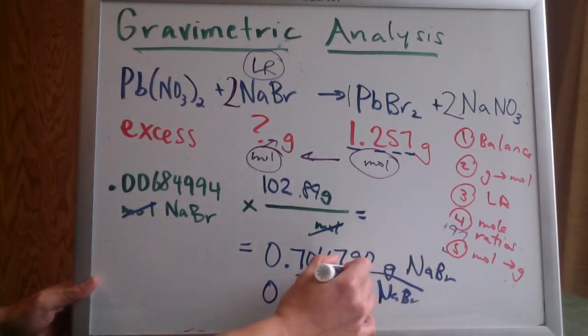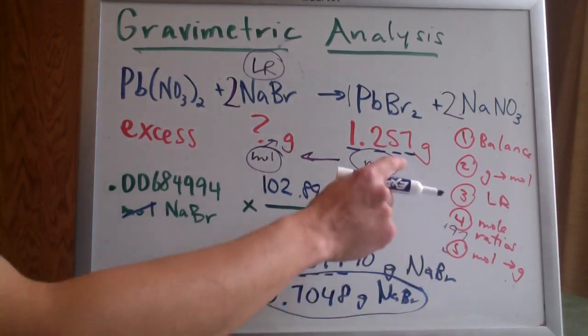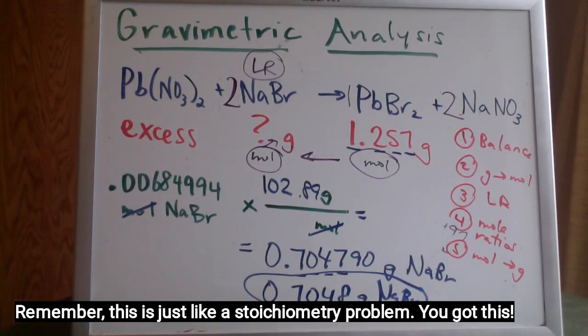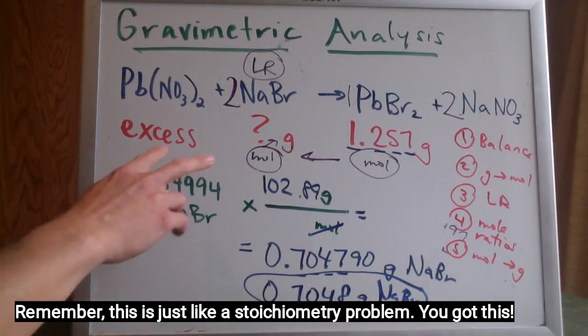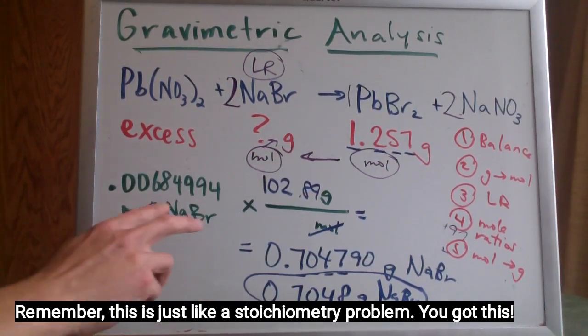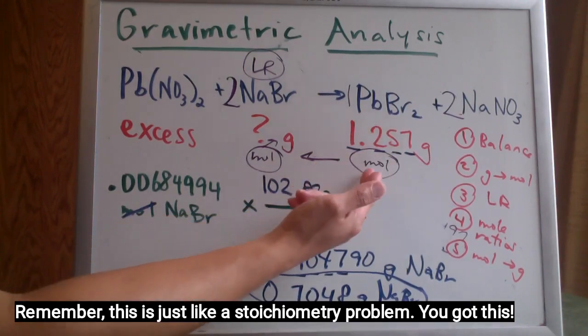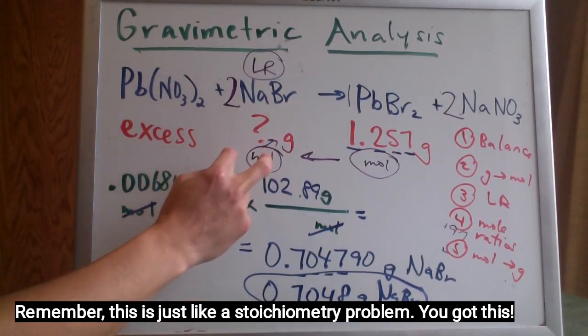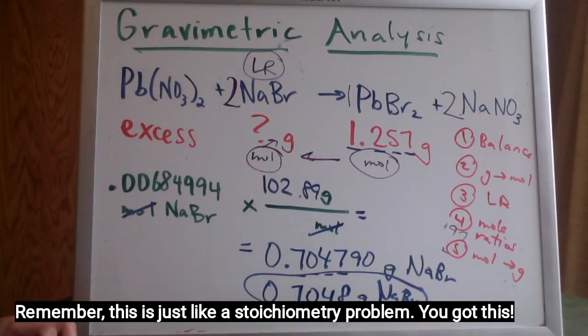And so we went backwards from the product that we collected, and we basically used our principles of stoichiometry in gravimetric analysis. So don't forget, you just need to follow the steps of stoichiometry, work from your product, and work backwards, and make sure that you are solving for the moles or the mass of the limiting reactant.